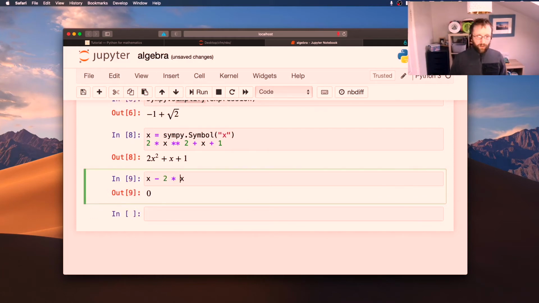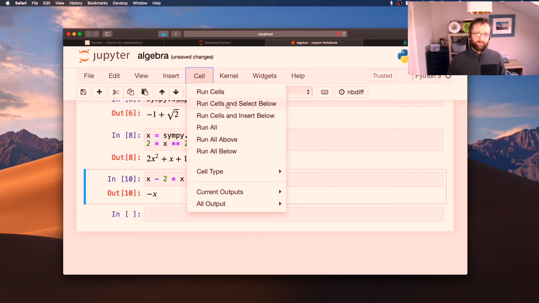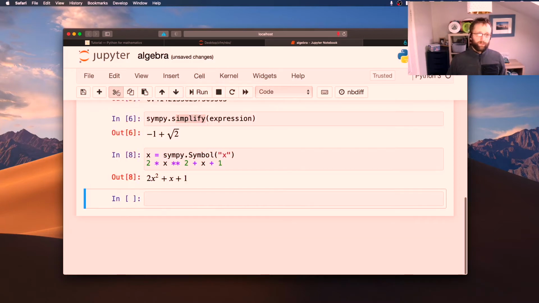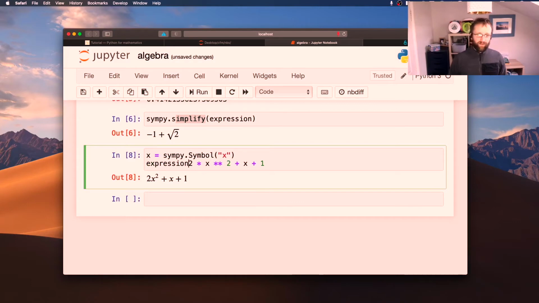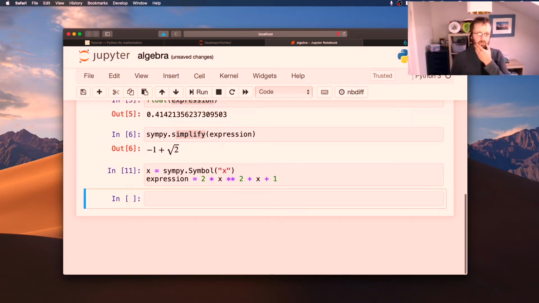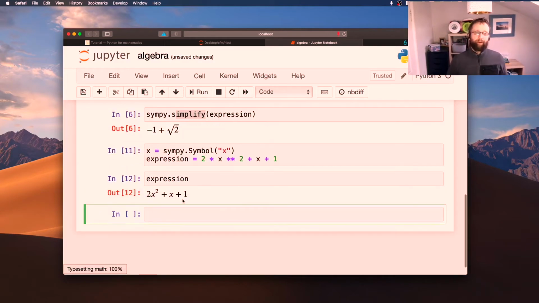X minus 2 times x, it knows that's minus x. I'm just going to delete this cell. And so now we have this, and we can say, all right, let's save this as our expression. So I'm overriding the previous expression variable. And now if I look at expression, I get this.